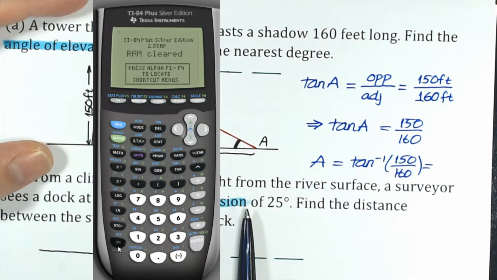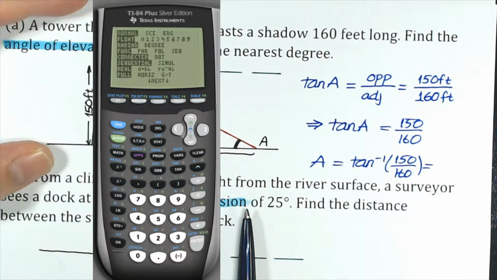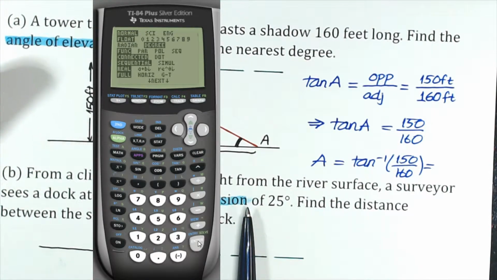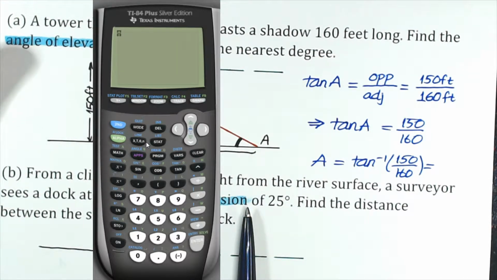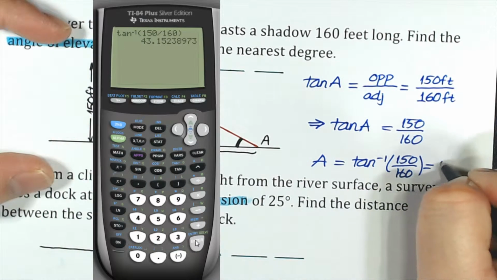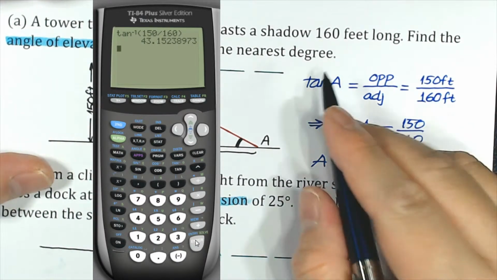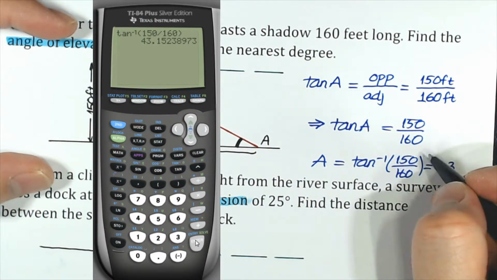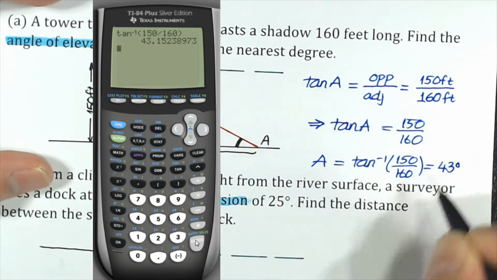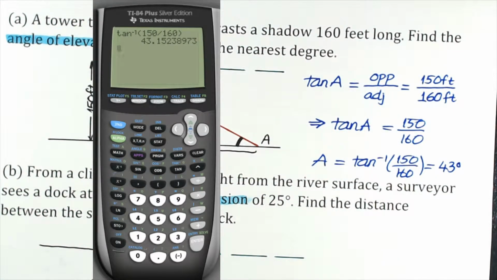The mode should be in degrees. So I will keep that in degrees. And that's good. So we just take tangent inverse of 150 divided by 160, pretty much 15 over 16 will do. So that is 43, to the nearest degree, so we just say 43 degrees. So that's the first part of the question.